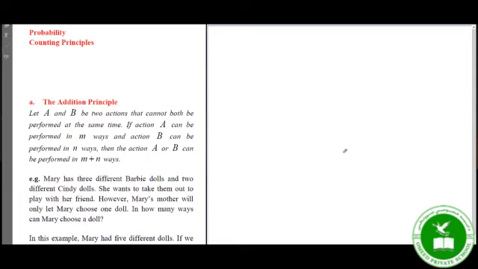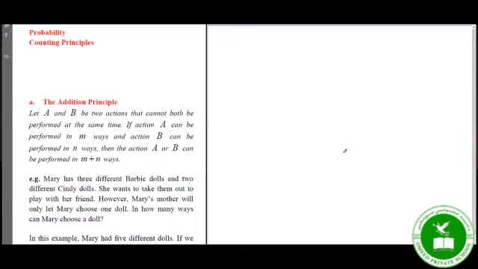For example, if I say to you that there are 5 chairs and 5 tables in this class, how many total objects are there in this class? You will add the number of chairs and the number of tables. In this case, you will say that totally we have 10 objects in this class.